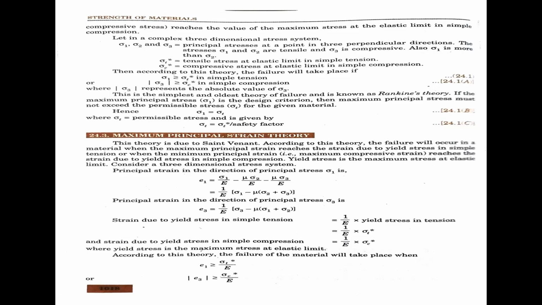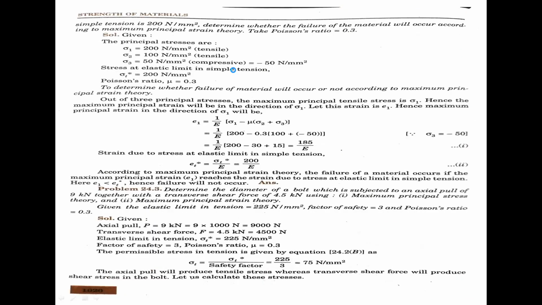You know the formula, this derivation part. Write the same principal stress theory with sigma 1, sigma 2 and sigma 3. The stress at the elastic limit in simple tension is also given: sigma T star equal to 200 Newton per mm square.